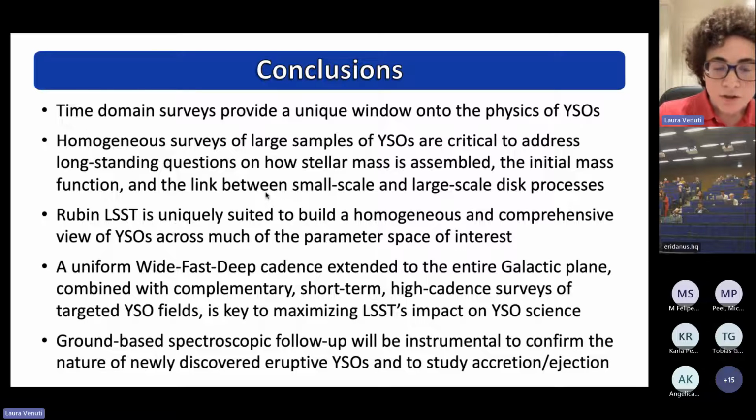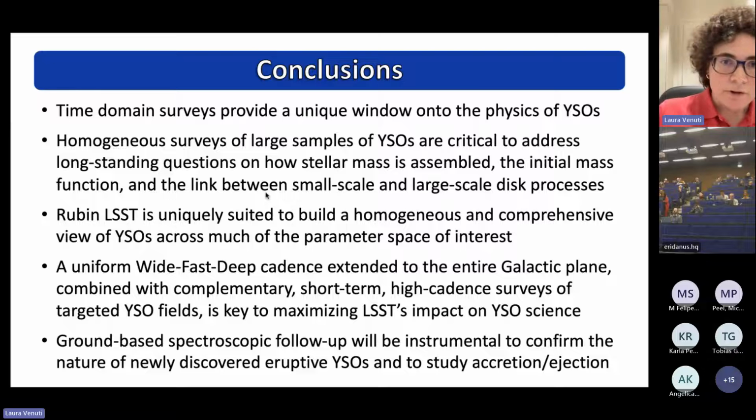LSST will be, thanks to its characteristics, uniquely suited to build a homogeneous and comprehensive view of young stellar objects across much of the time domain of interest if we can implement a wide fast deep cadence that is extended to the entire galactic plane, and if we can complement this with short-term higher cadence surveys of targeted young stellar object fields in order to maximize the LSST impact on young stellar object science.